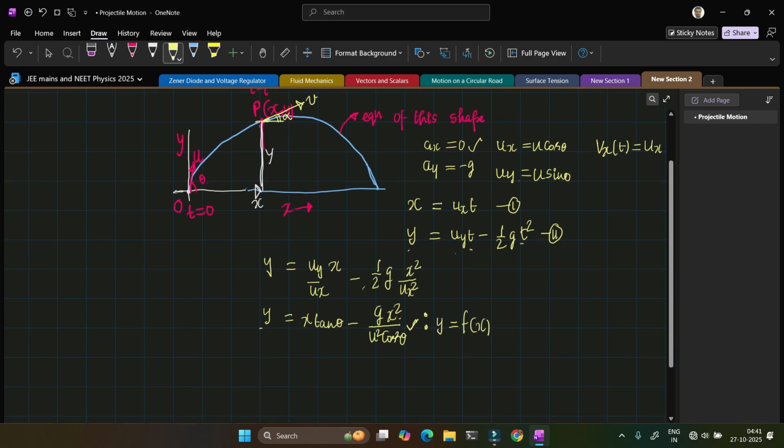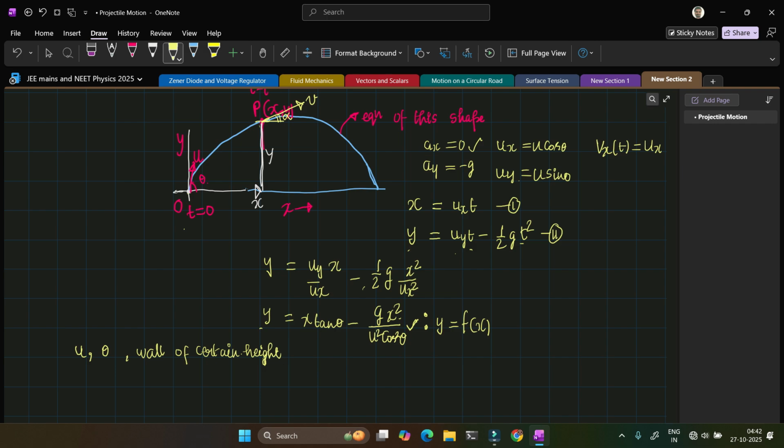You will face questions where the initial velocity u is given, the angle theta is given, and it says that at a certain distance from the point of projection there is a wall of a certain height. You can ask anything.